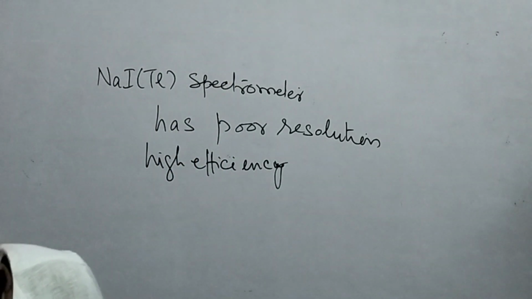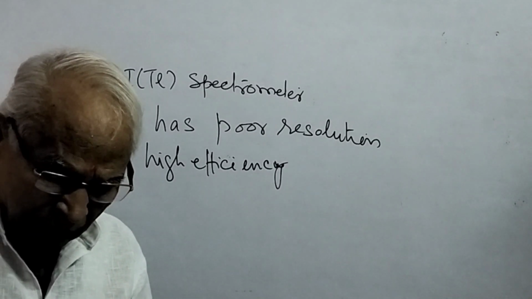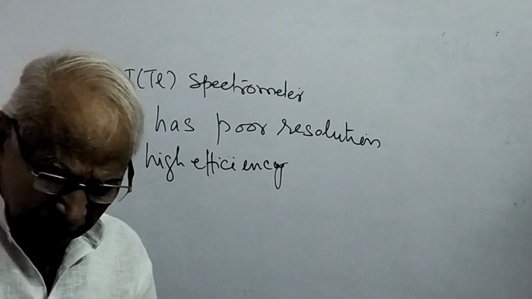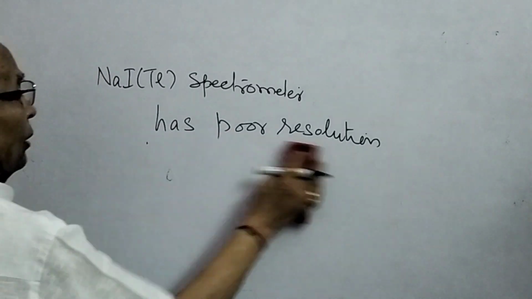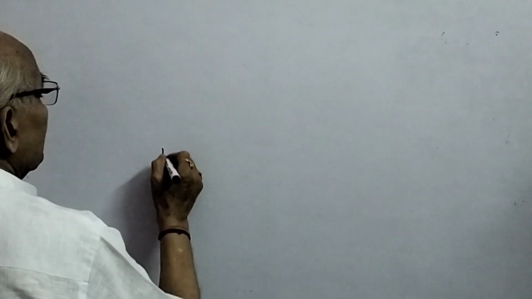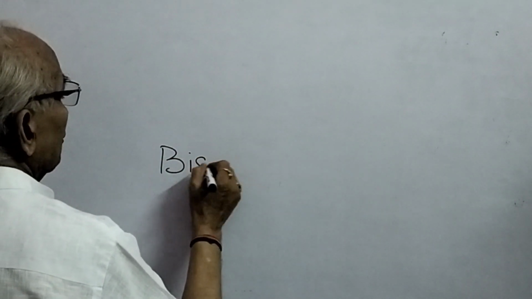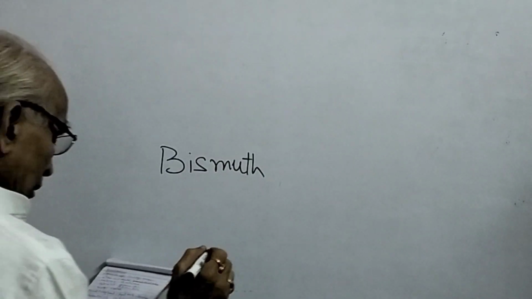And I can give you now the latest crystal which is used in the spectrometer counting in place of the costly item. The costly laboratories have it. The detector crystal is now called bismuth germanate.